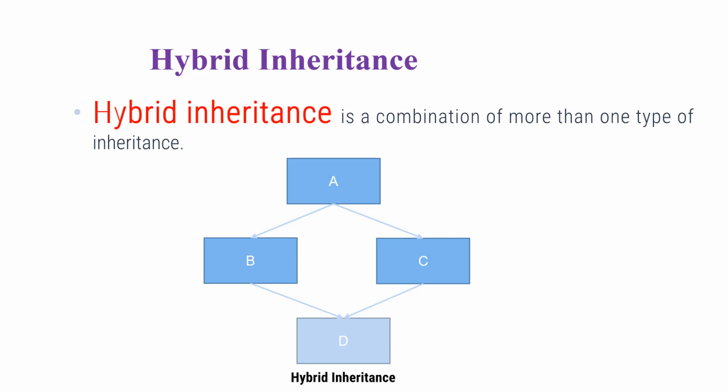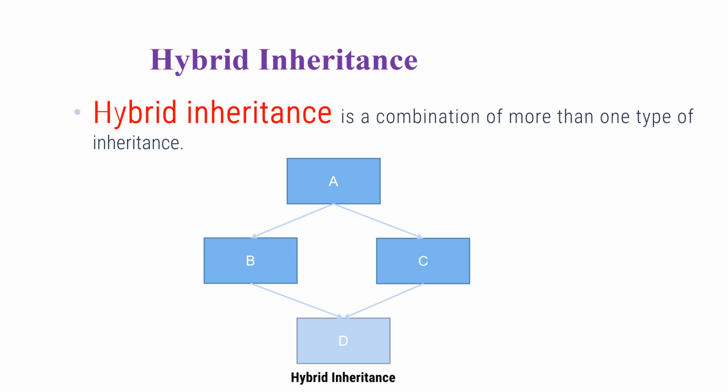Next is hybrid inheritance. Imagine you have a situation where you need to combine different types of inheritance, such as single inheritance, multiple inheritance, or hierarchical inheritance. Hybrid inheritance allows you to do that. It's a combination of more than one type of inheritance within a single class inheritance.